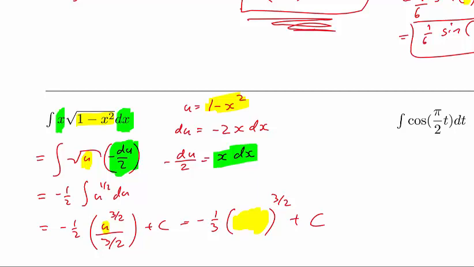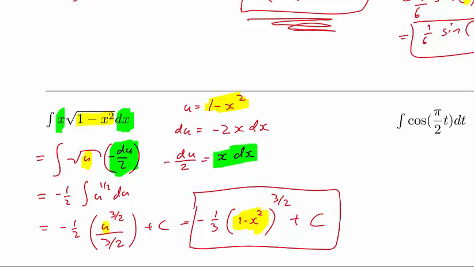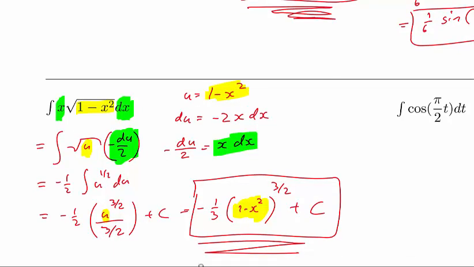All right, so now we just plop in our u in terms of x there, and there we are. There we have it. That is our answer. Okay. And so if you take the derivative of this guy, you will get the original integrand right back.